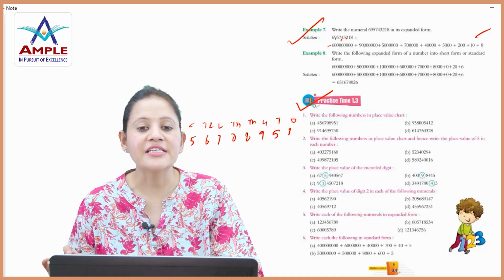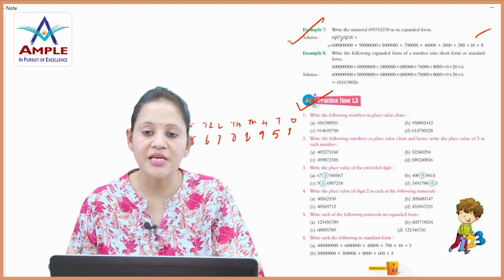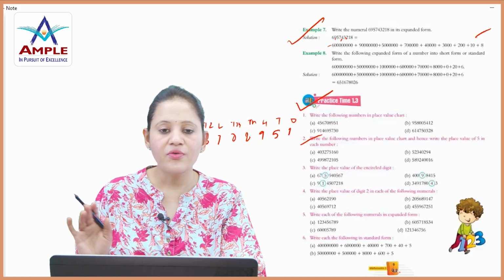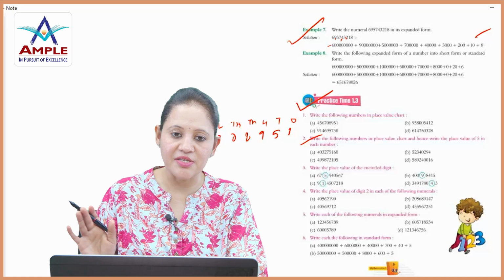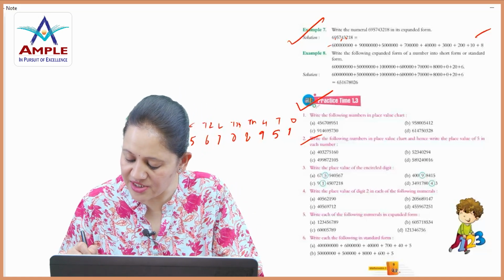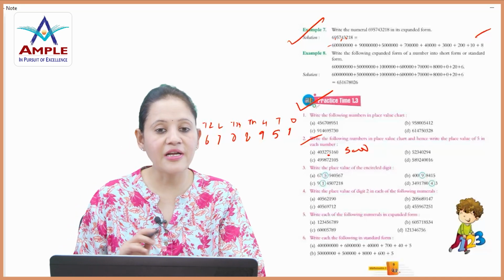Clear? Next, write the following number in place value chart and hence write the place value of 5 in each number. So, first we will arrange the given number in place value chart as we have done earlier. We have to write the place value of 5. 5 is at 1000 place, so place value will be 5000. Clear?